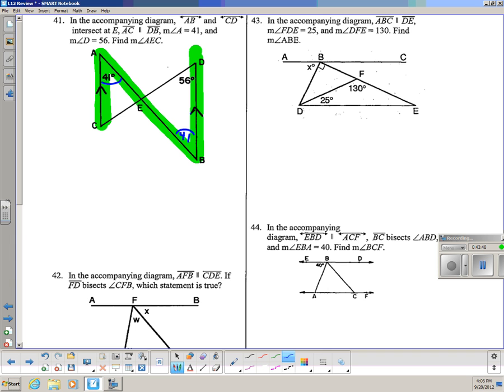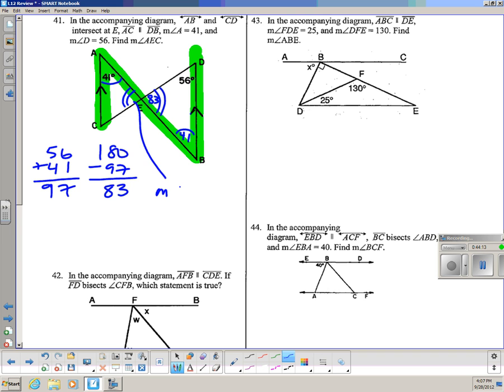So this is 41. And I can look at this triangle DEB and find the missing angle. So 56 plus 41 is 97. 180 minus 97 is 83. So this angle is 83. They wanted me to find angle AEC, which is vertical from the 83. So the measure of angle AEC is also 83.